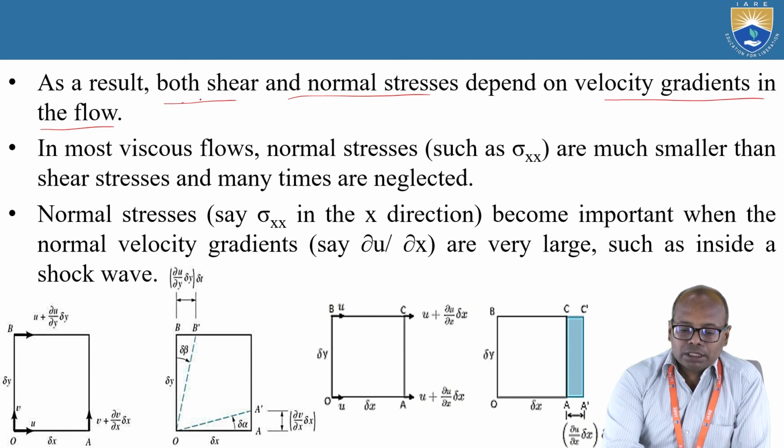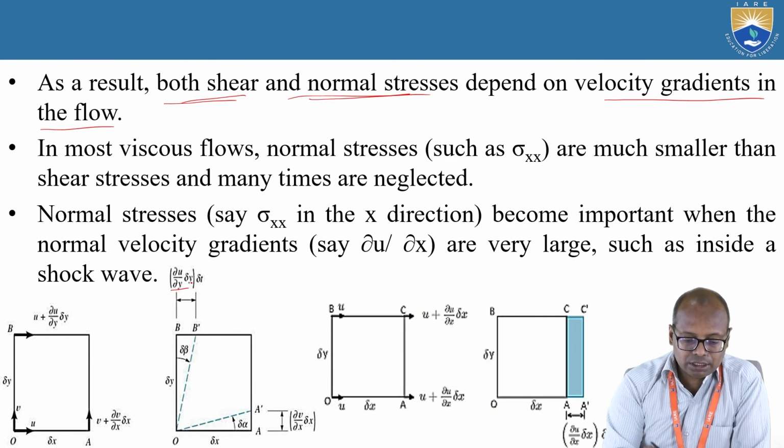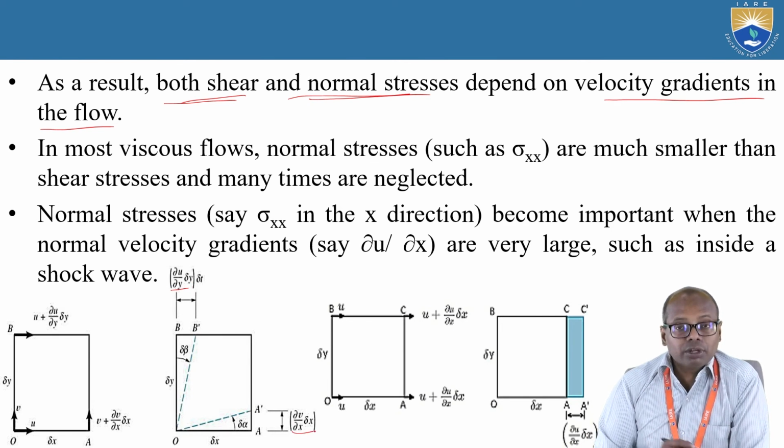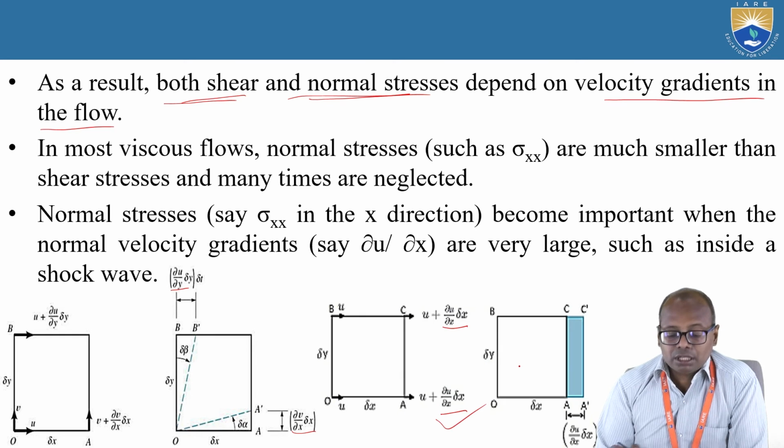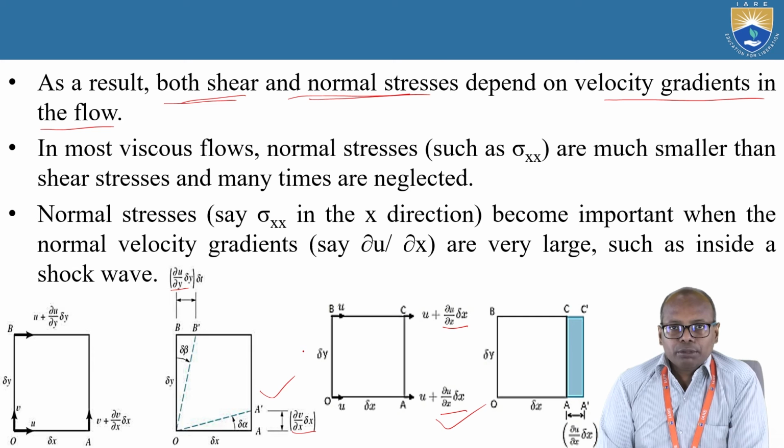Here you can see, this is the velocity gradient, this is the velocity gradient, this is the velocity gradient, and this is the velocity gradient. The normal stresses are dependent on velocity gradients, and the shear stresses are also dependent on the velocity gradient.